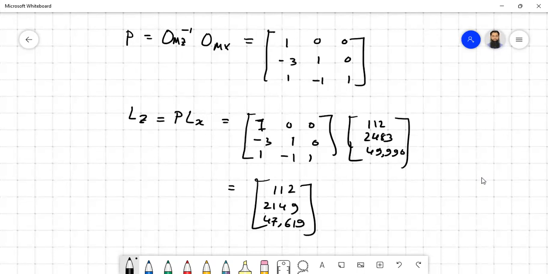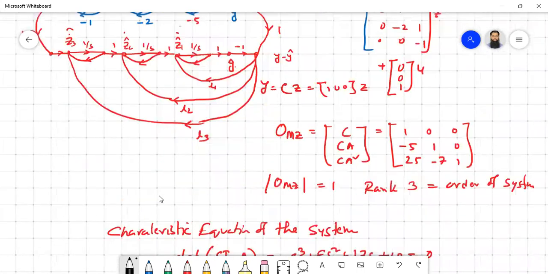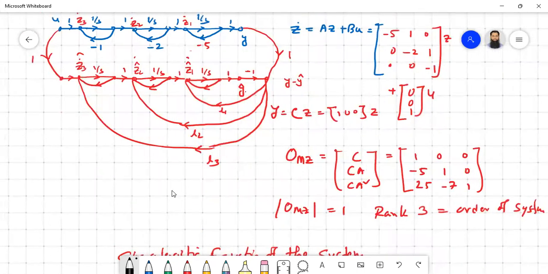Once you have these values, what you can do now is go to the signal flow graph, and you can replace these values with 112, and this value will be 2147, and this value will be 47619.